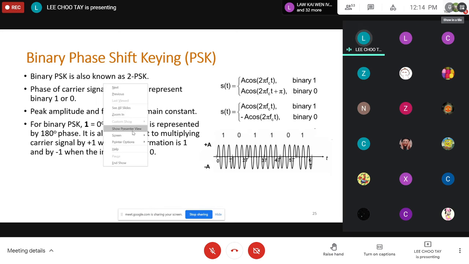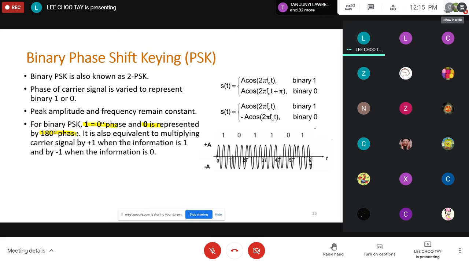So again, when I say this one, the phase angle in this example, we send one with a 0 degree phase angle, and then one with a 180 degree phase angle. If you look at this signal amplitude here, it is the same as multiplying the carrier with a plus one amplitude and a minus one amplitude when the information is 0.